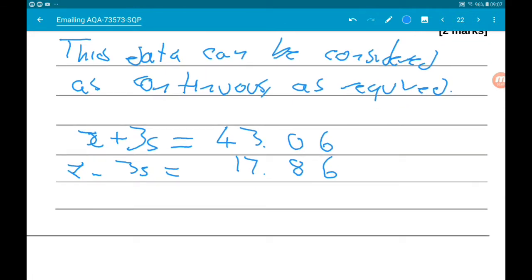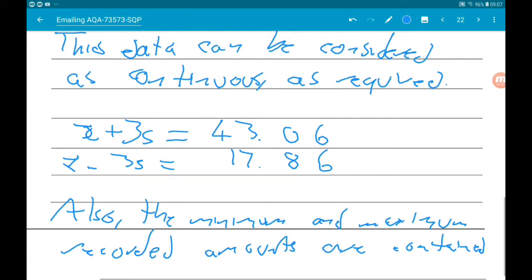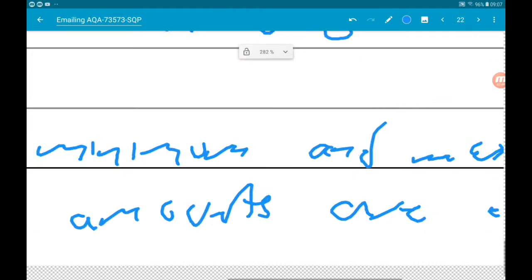So also the minimum and maximum recorded amounts are contained by, why do I always run out of room?